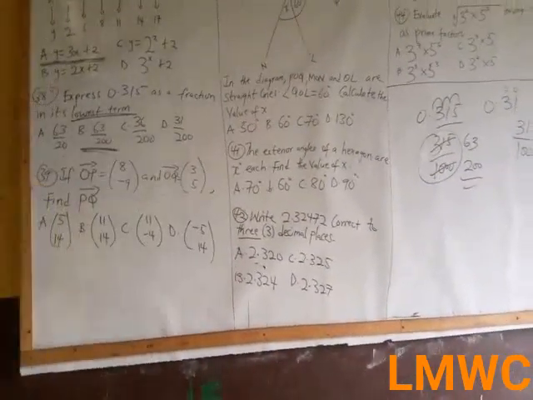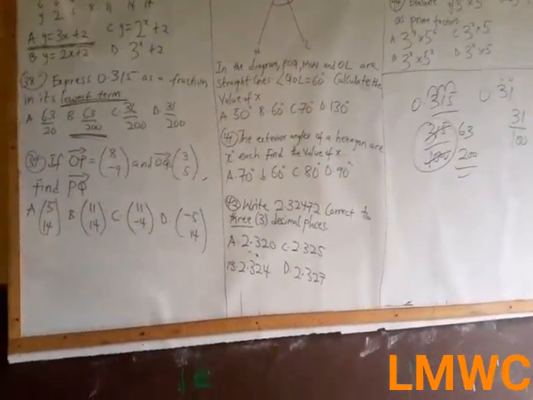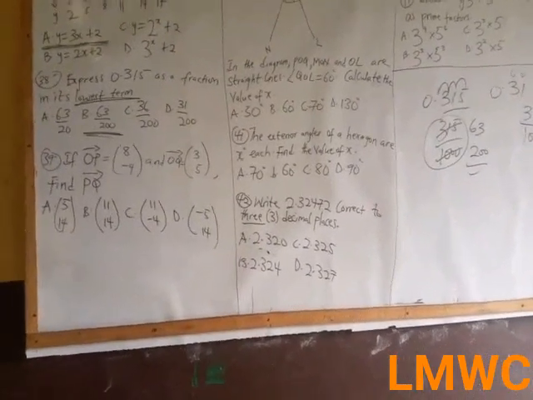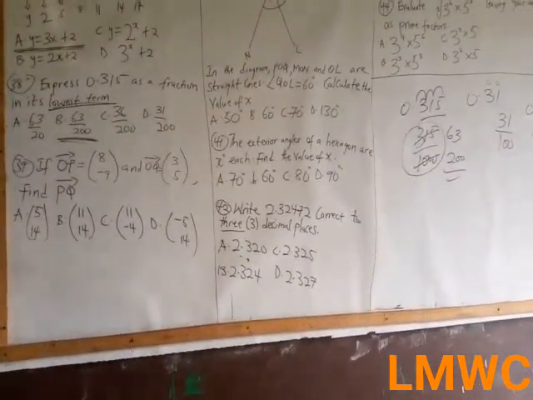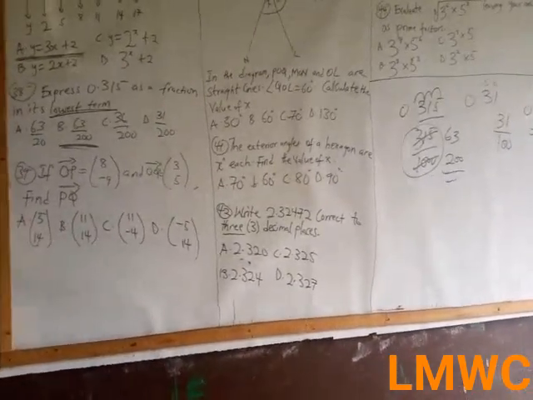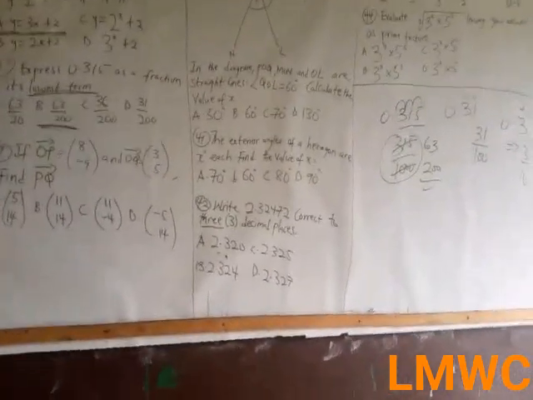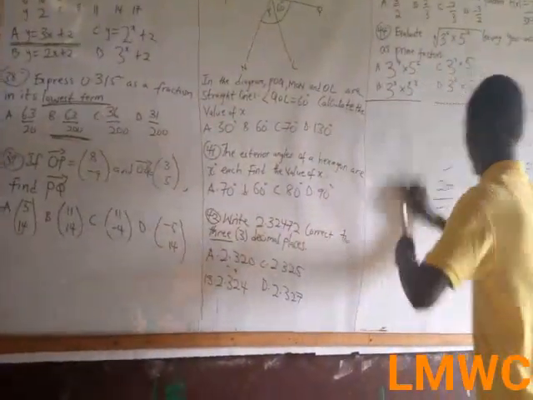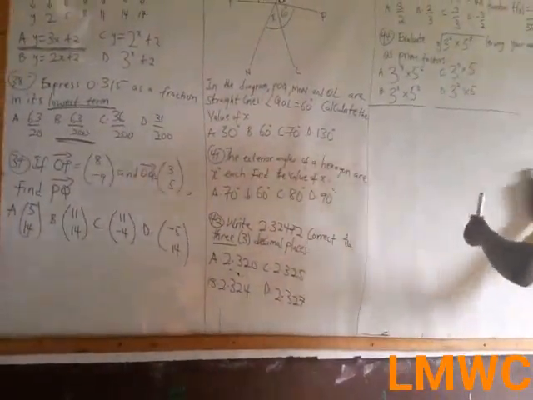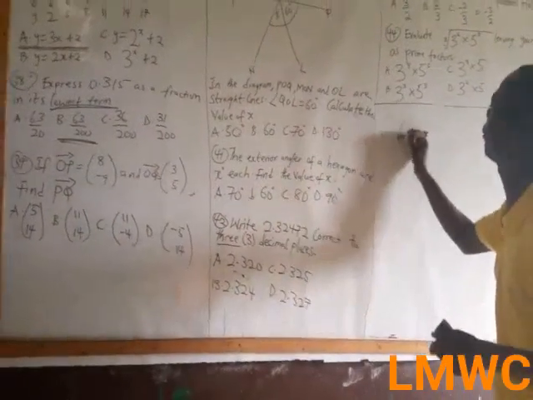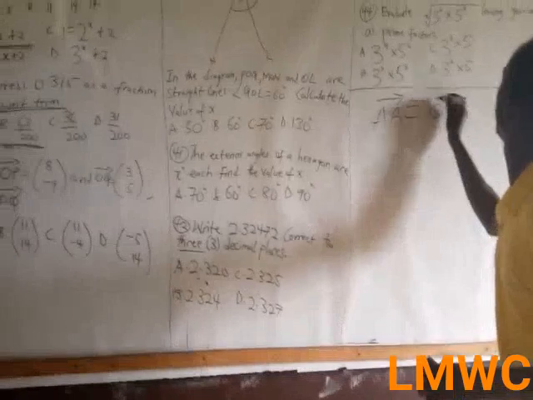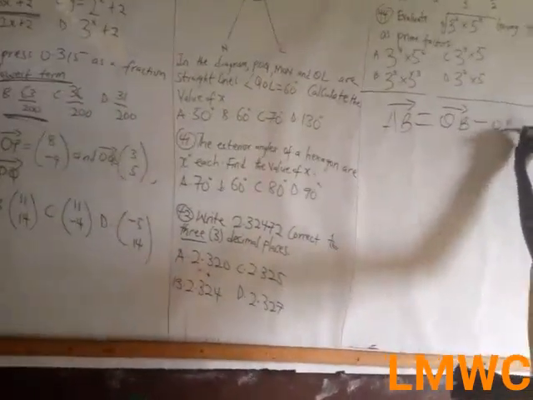Take note. 39. If OP is equal to 8, negative 9 and OQ is equal to 3, 5, find PQ. This is a column vector. For column vectors, if you are given vector AB, it is the same as OB minus OA.